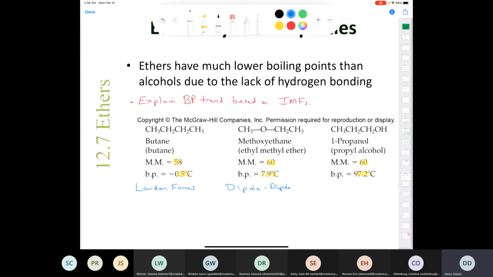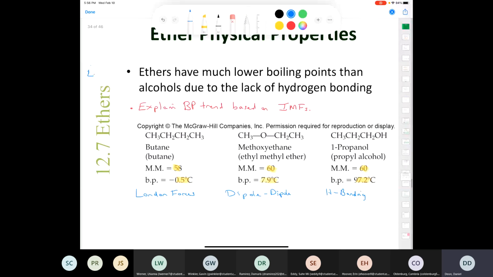And then lastly, we have 1-propanol, which has a hydroxyl, and so it is capable of hydrogen bonding. Now, when it comes to intermolecular forces, we know that the strength increases as we go from London forces to dipole forces to hydrogen bonding, right?